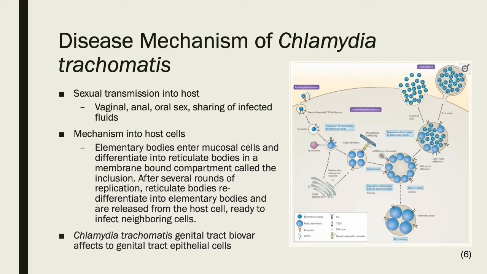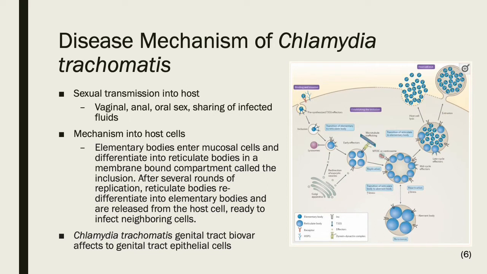Next, pre-synthesized type 3 secretion system effectors are injected into the host cell, some of which initiate cytoskeletal rearrangements to facilitate internalization and/or initiate mitogenic signaling to establish an anti-apoptotic state. The elementary body is endocytosed into a membrane-bound compartment known as the inclusion, which rapidly dissociates from the canonical endolysosomal pathway.